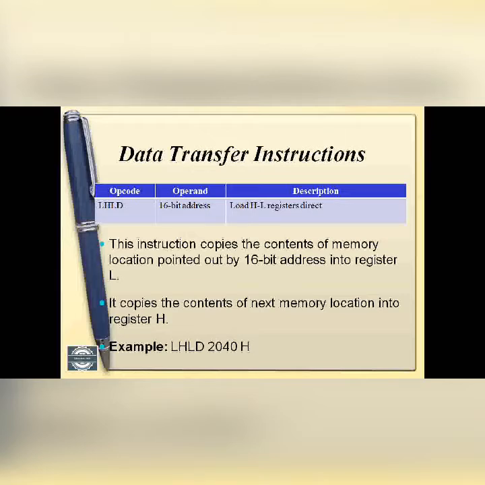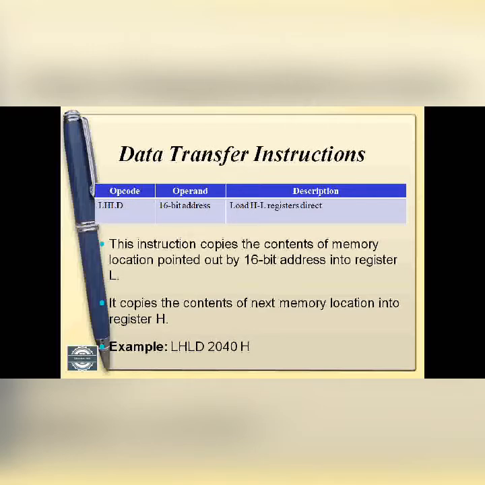Now let's go on. LHLD, that is load H and L registers directly. Here it copies the content of the next memory location into the register H, that is LHLD.